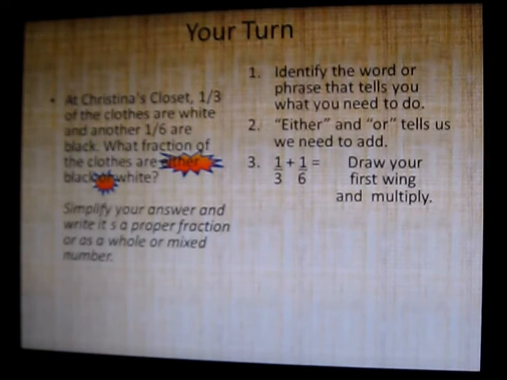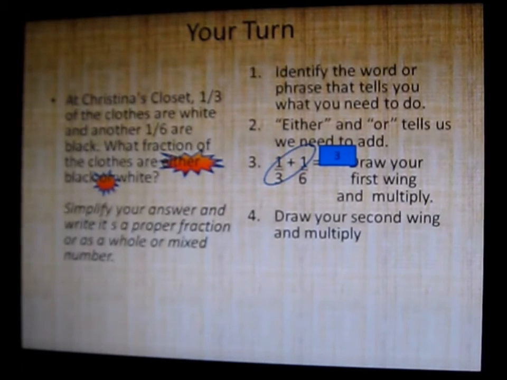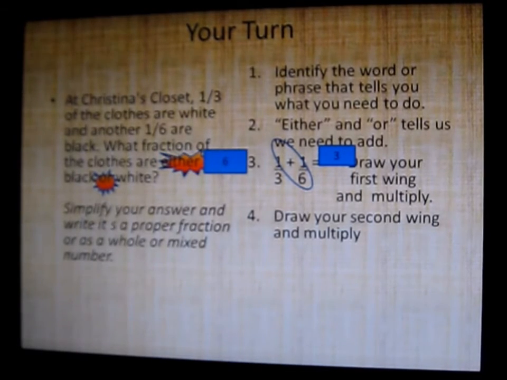Now we can use our shortcut to draw our first wing and multiply. 3 times 1 equals 3. Draw your second wing and multiply. 6 times 1 equals 6.